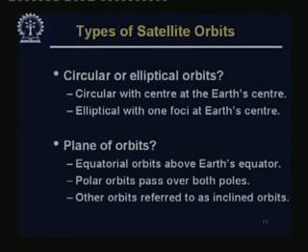This is quite common, especially for geostationary satellites, where it is necessary that they go around the equator. But then you could also put satellites on a circumpolar orbit, that means the orbit passes over both the poles, and other orbits referred to as inclined orbits.